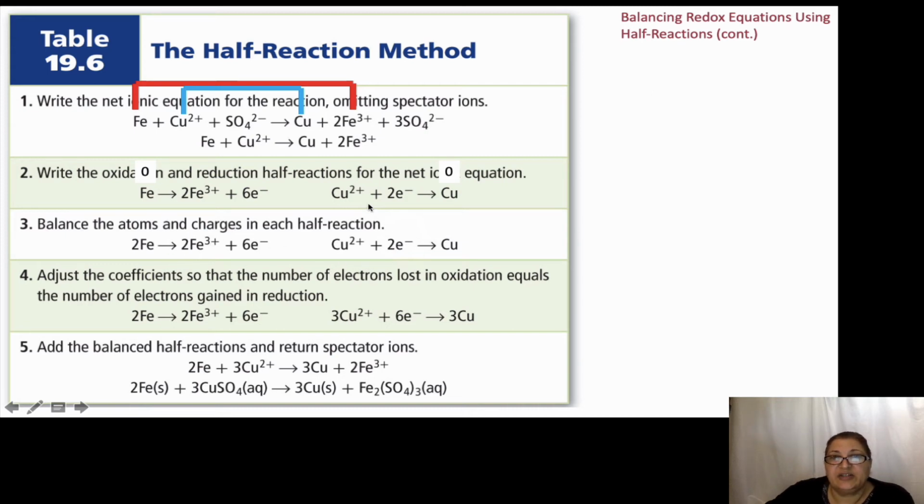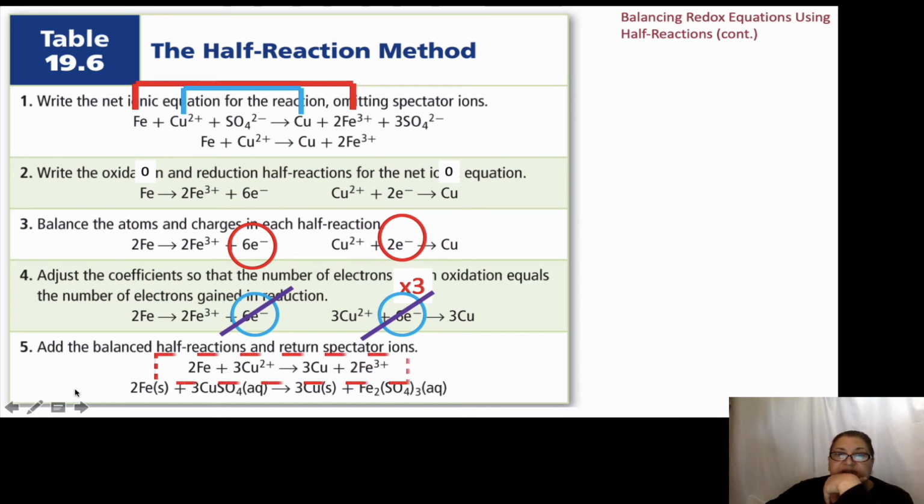To balance the electrons, 6 and 2, we multiply copper by 3. That gives us 6 and 6 electrons, and then we cancel them out and balance the reaction. So we have 2 iron and 3 copper, giving us 3 iron and 2 copper, so they're balanced. And this is the overall reaction.